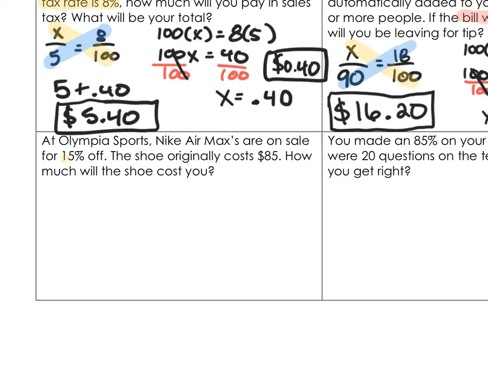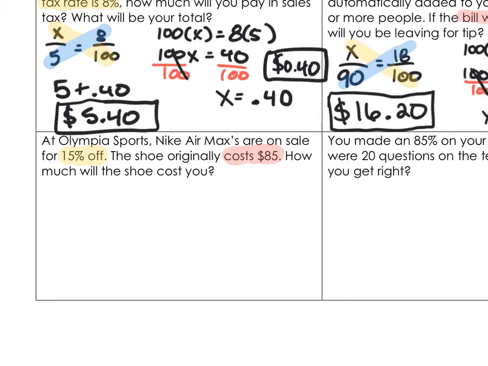All right, well, looking at this, I see that they give us a percentage. Okay? Now, they also give us the original cost, which would be the total, right? So what we want to know is, hey, well, first of all, we're getting 15% off. That means we're getting a discount. Do you know how much that is?